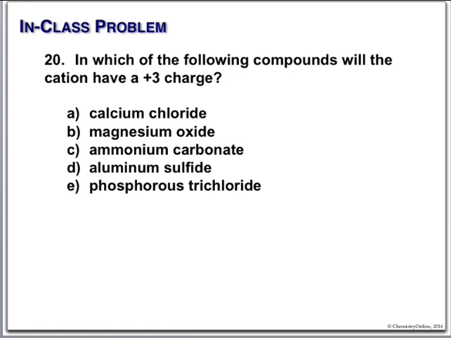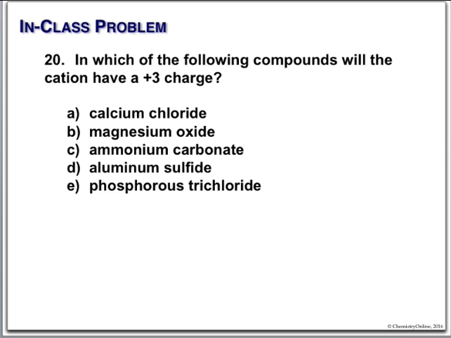And our last guy here, we're looking for a compound where the cation has a positive charge. So what, in your mind, do you think to yourself? If it's going to be a +3, what group in the periodic table is it in? 3. How simple can that be? If it's a +3, it must be in group 3.